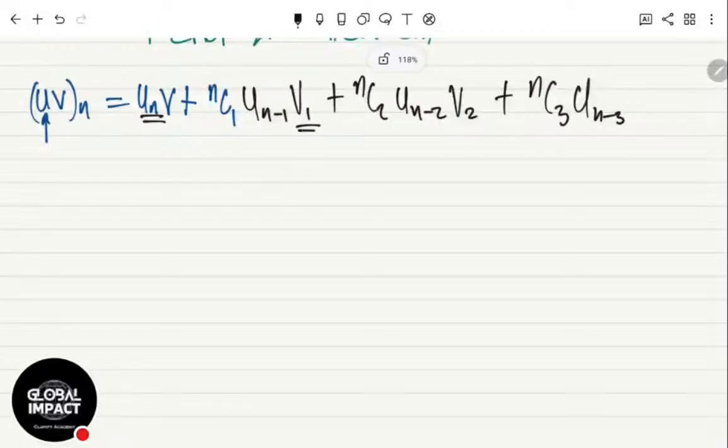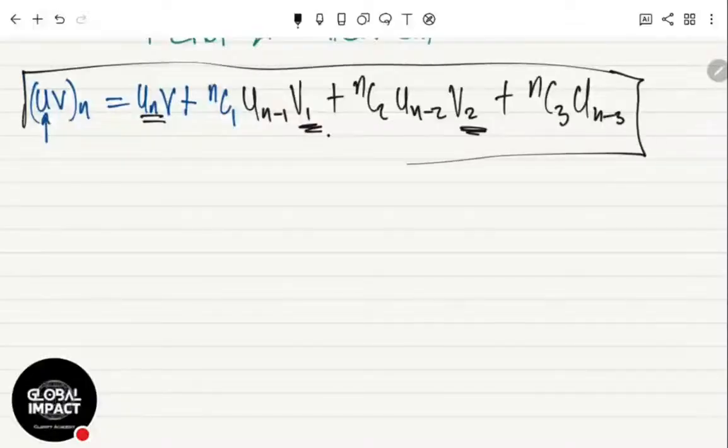Then you differentiate the second function to find v1, then v2 and so on. Do you understand this? If you have seen the formula, say yes in the chat.